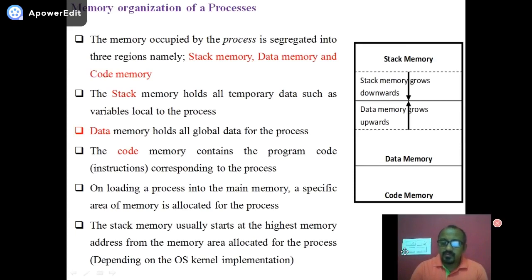If task 1 again subdivides the whole program into threads, thread 1, thread 2, thread 3 like that, then within the memory which is allocated for task 1, the stack memory is again divided into thread 1 stack memory, thread 2 stack memory, thread 3 stack memory like that.